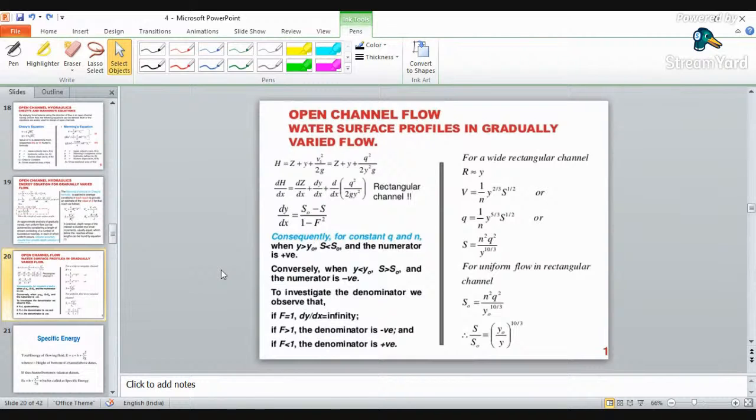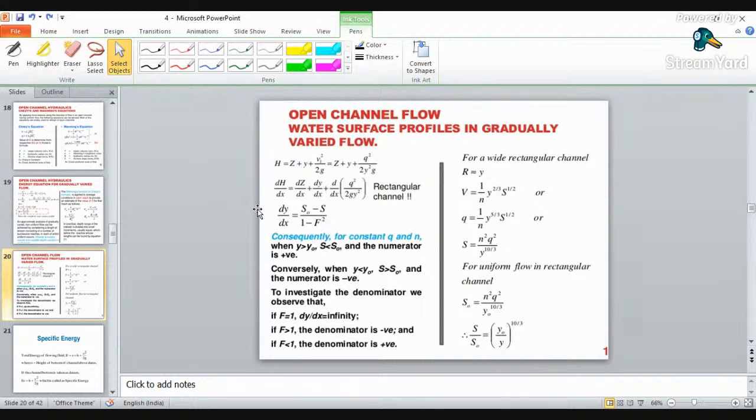Now, when you have applied Bernoulli's equation at section 1 and at section 2, you are given the formula dy by dx. When you solve that Bernoulli's equation, you will get dy by dx equal to S0 minus SW divided by 1 minus Froude number square, or 1 minus F square.